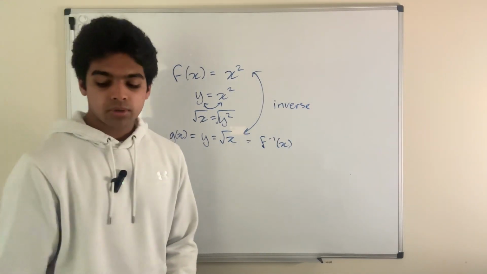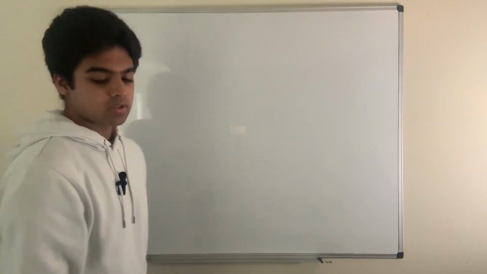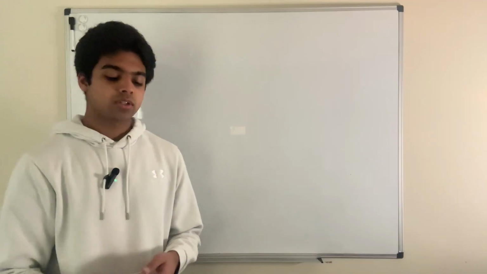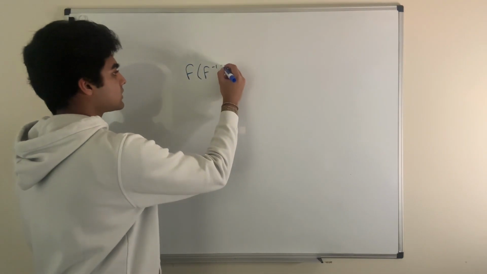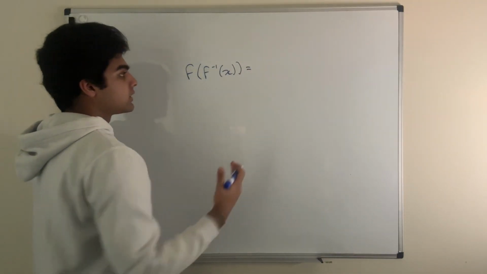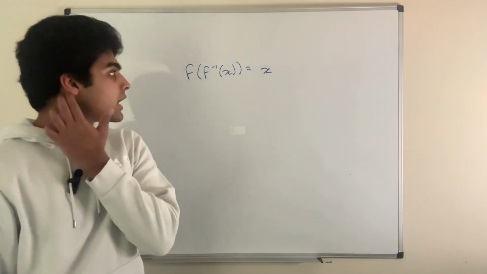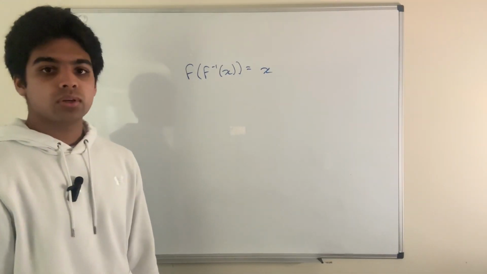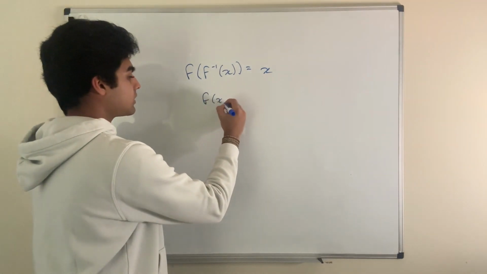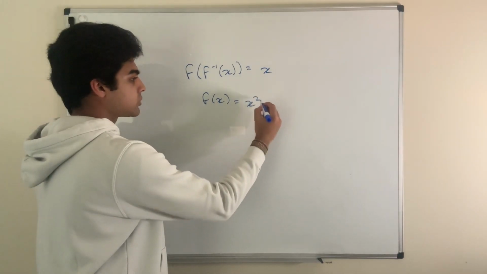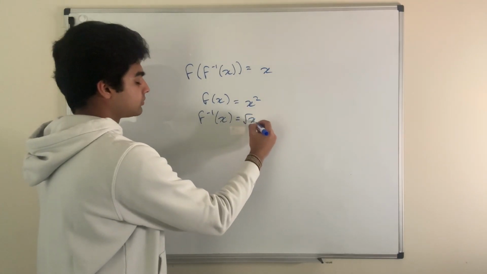Okay, so another property of inverse functions is that if you have a composite function with f of x and its inverse, so for example, if you had f of f inverse x, that just equals x. And we can show this by using the exact same example that we did earlier. We had f of x equals x squared, and f inverse x equals root x.